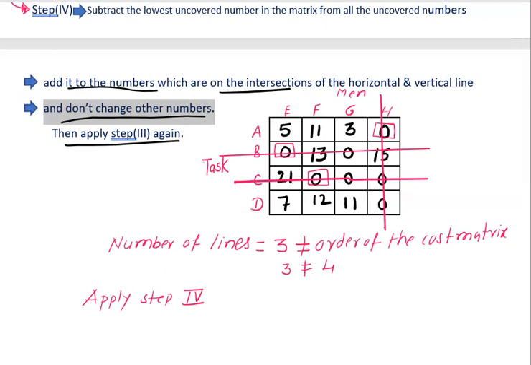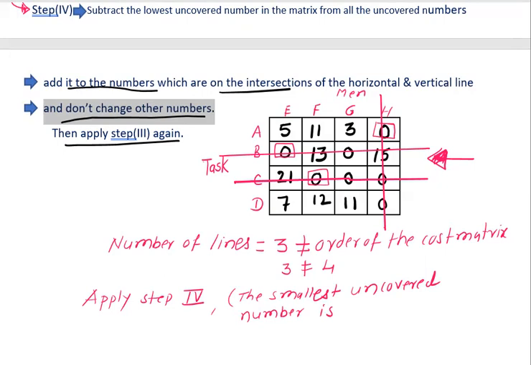So what is step number 4 again? Look at the matrix, this first matrix, and select the smallest uncovered number. The uncovered numbers in this matrix are 5, 11, 3, 7, 12, 11.